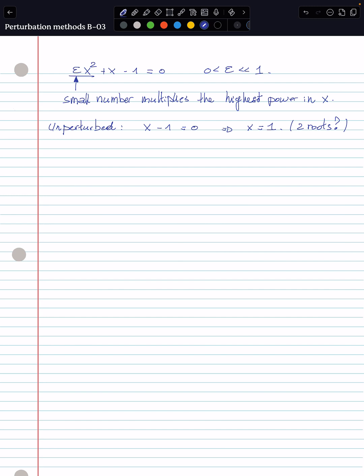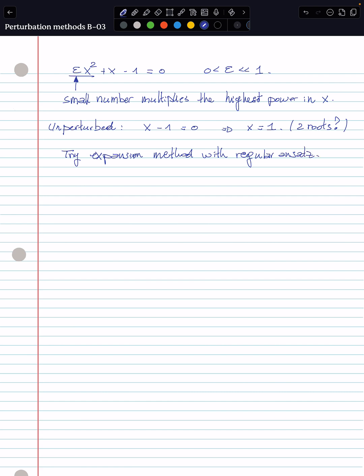Let's try first the expansion method with the regular ansatz.